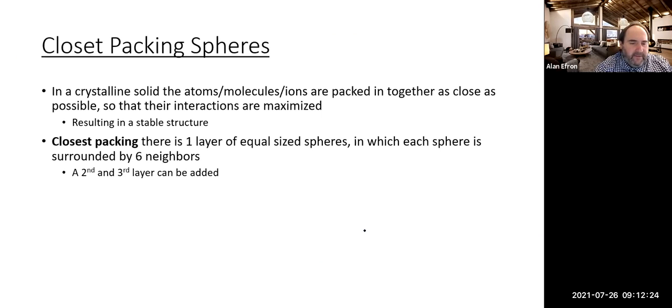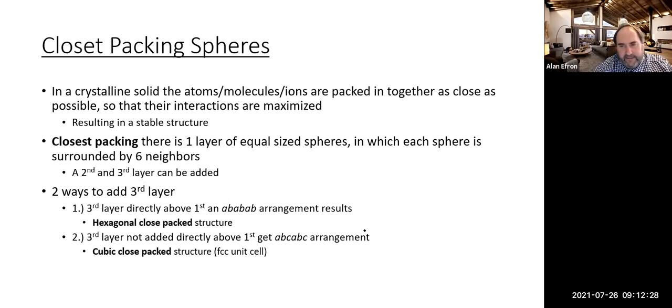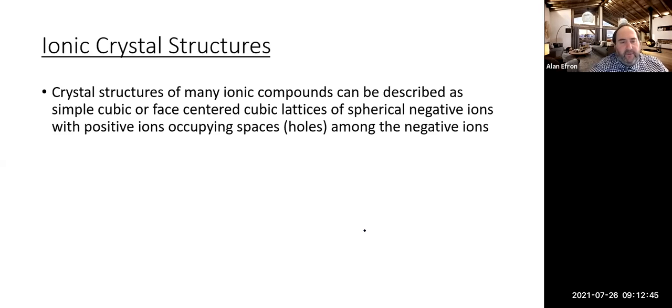We're not going to talk too much about closest packing, but just to touch upon it, as I was mentioning earlier, when these different particles come together in solids, they try to come together in layers and pack themselves in such an efficient way that it minimizes energy.